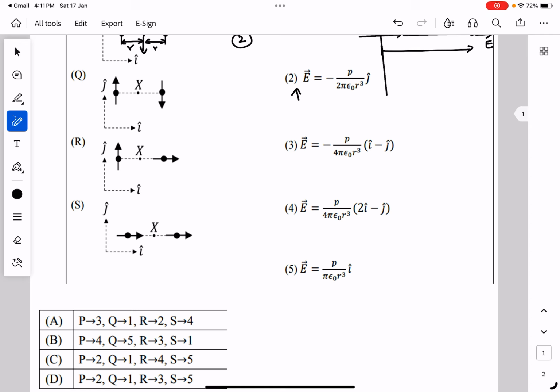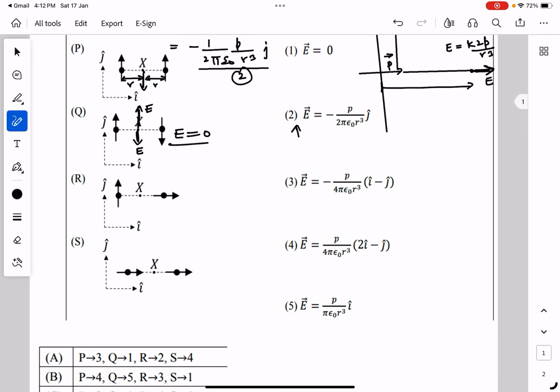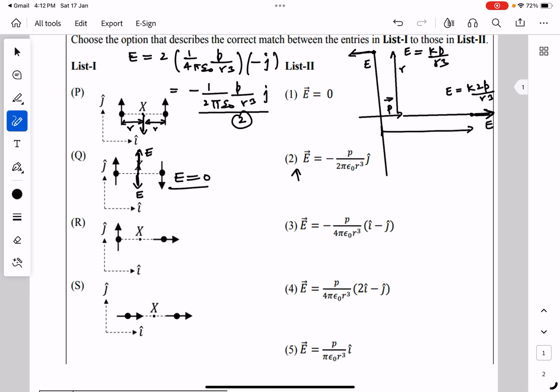So the electric field due to dipole 1 would be in the negative y direction, and the electric field due to dipole 2 would be in positive y direction. Since the dipoles are identical, the resultant electric field at point X will be 0. This corresponds to number 1 in the list 2.